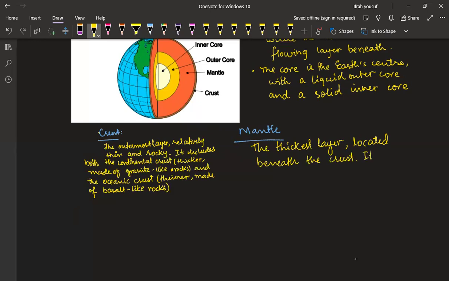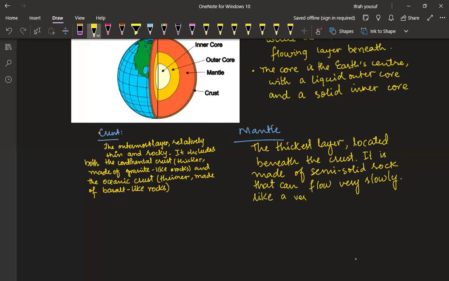It is made of semi-solid rock that can flow very slowly, like a very viscous fluid.